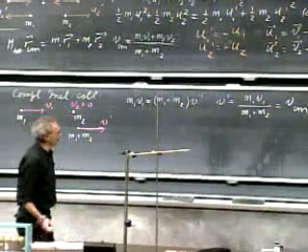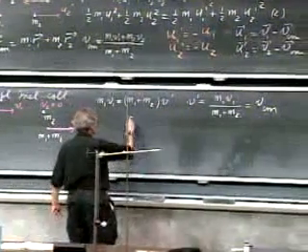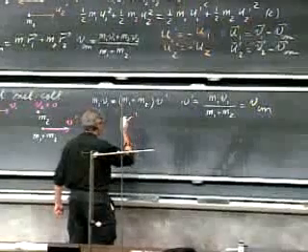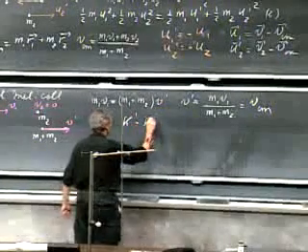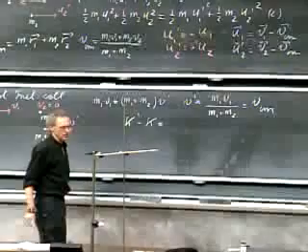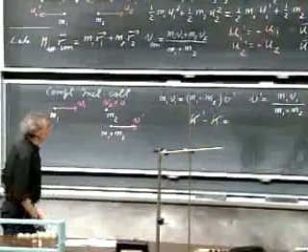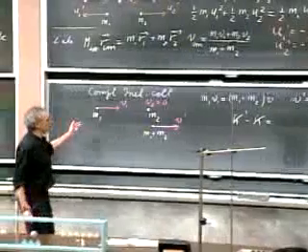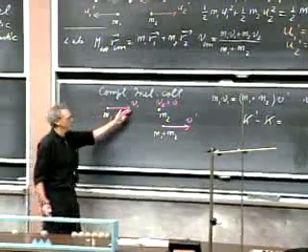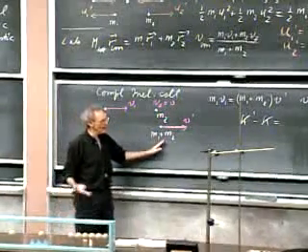Now we can calculate what the difference is between the kinetic energy after the collision and the kinetic energy before the collision. That is, of course, rather trivial. You know what the kinetic energy is before the collision. It's 1/2 m1 v1 squared. And you know what it is after the collision.